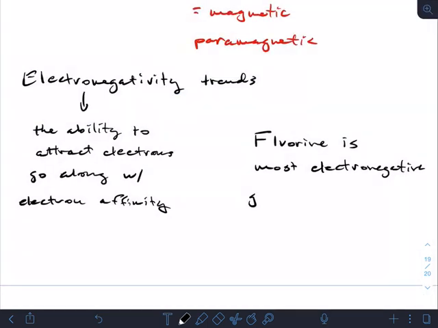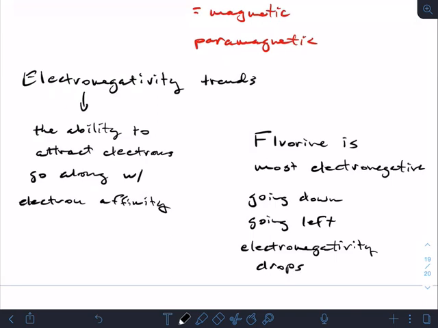As you leave fluorine and go down the table, or going left, electronegativity drops off. That's pretty straightforward. Fluorine is the most electronegative, and as you go left and down, electronegativity drops off.